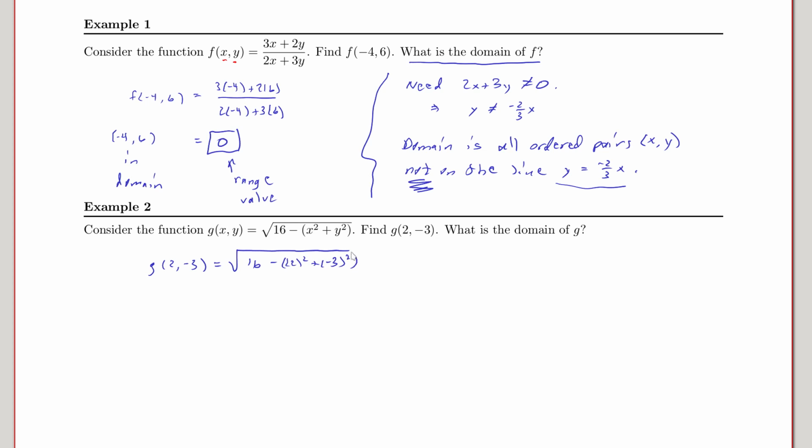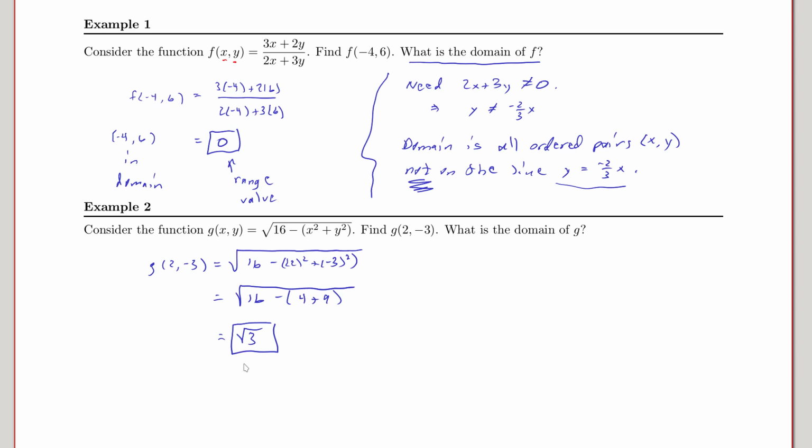Be careful with parentheses. We're squaring the negative as well. So we get the square root of 16 minus, this will be 4 plus 9, which is 13. So we get square root of 3.